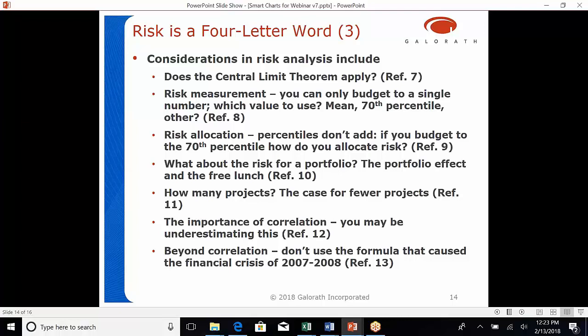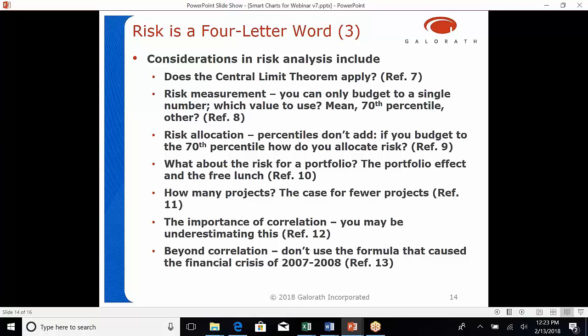There was some pushback on that, and so most of the services now try to budget to the mean. That includes the Missile Defense Agency. I know the Air Force and the Army also try to estimate at the mean. There are some issues with budgeting to percentiles.